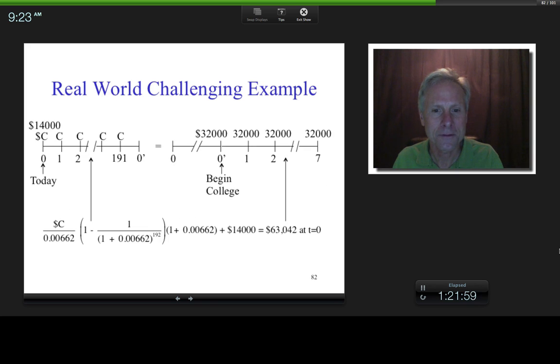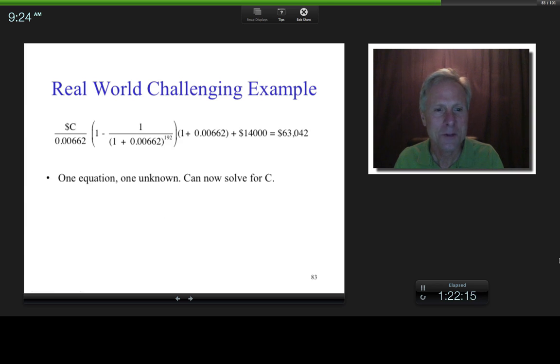So now we can put it all together, okay? All of this comes to one single number at one single time period, basically 63,000. And all of this comes to this guy, okay, which is also at time 0. So I've got one equation, one unknown. Can I solve for C? I can, right?